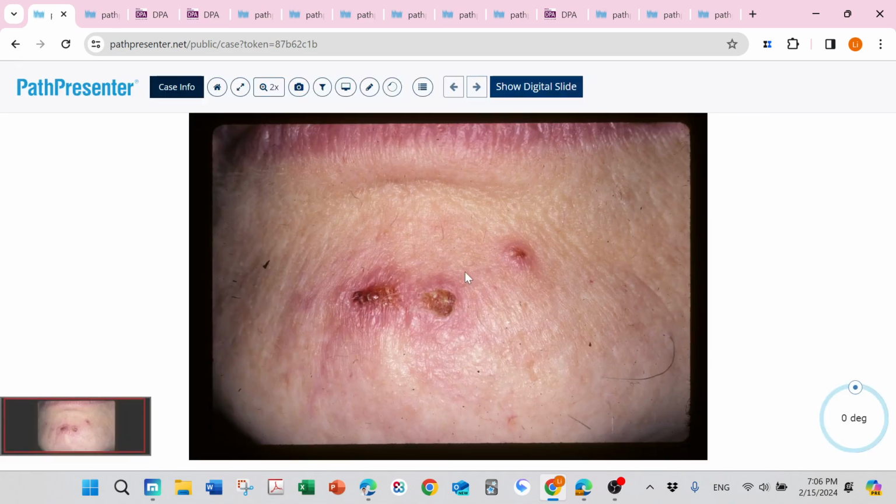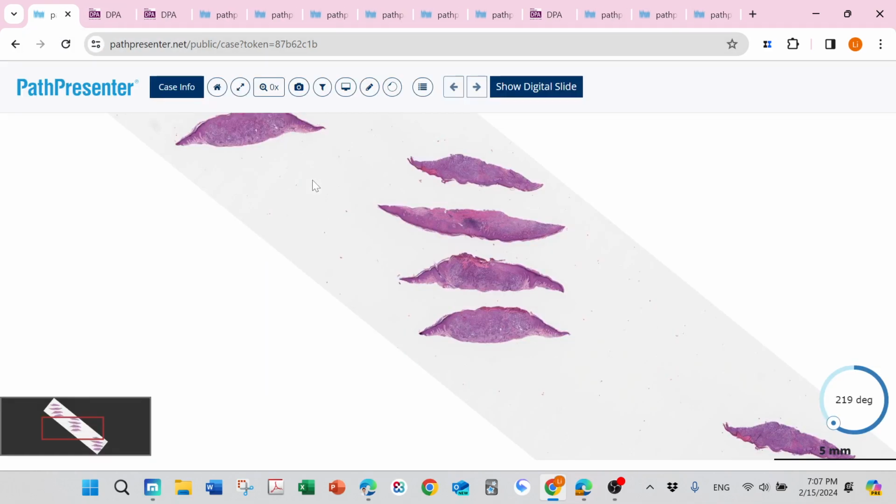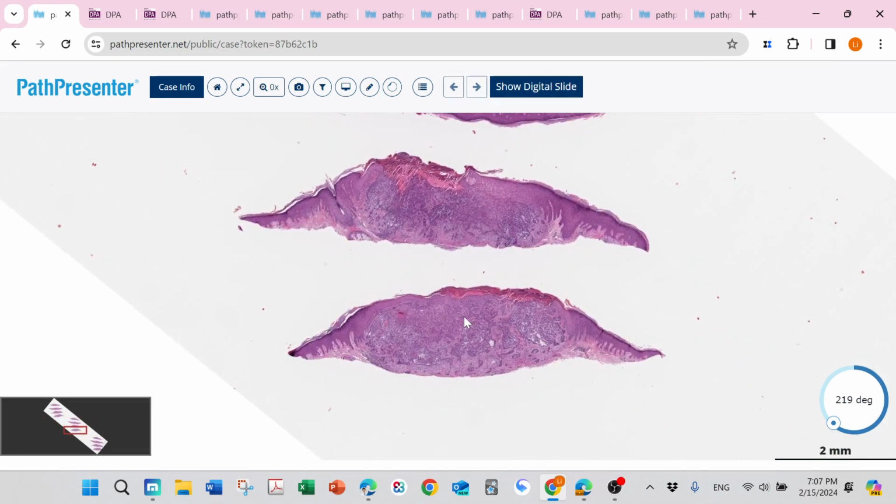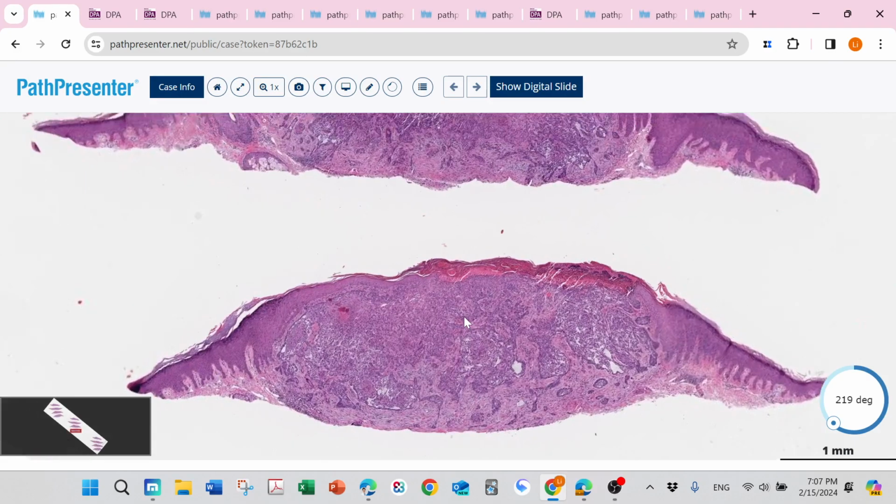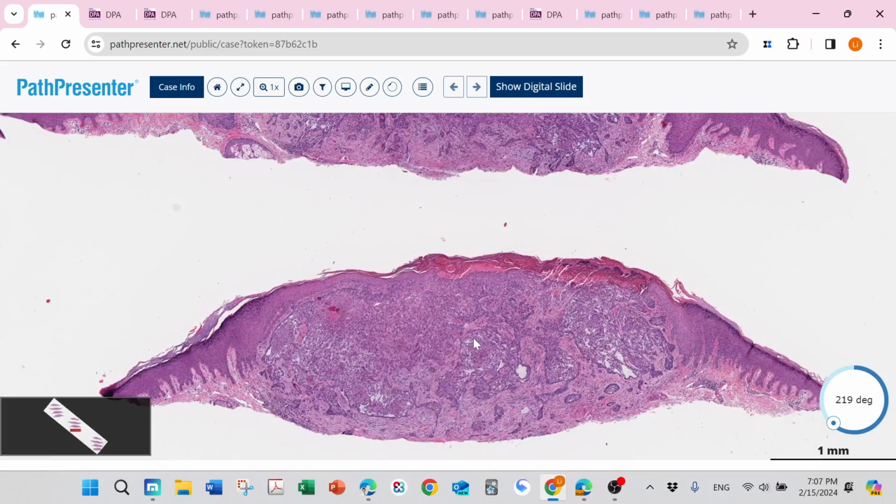Here is the skin photo of basal cell carcinoma. You can see it's a papule, kind of reddish, looks really easy to bleed. So this is basal cell carcinoma. And here is another basal cell carcinoma, but this is another subtype, the infiltrative type.